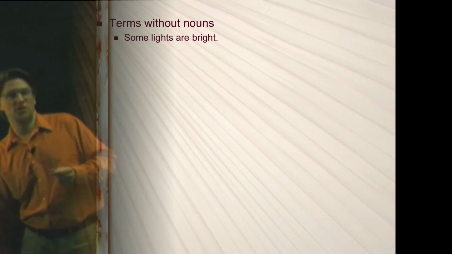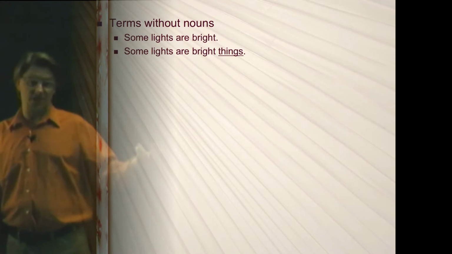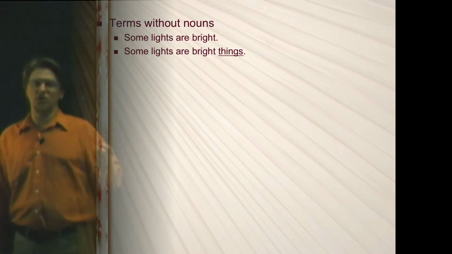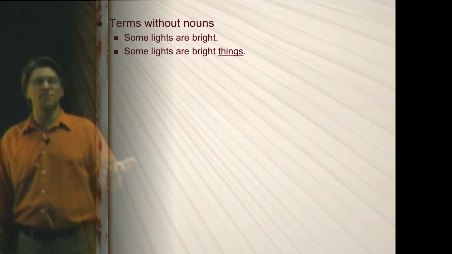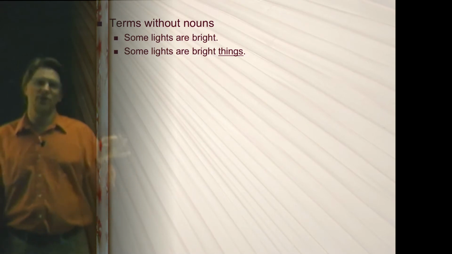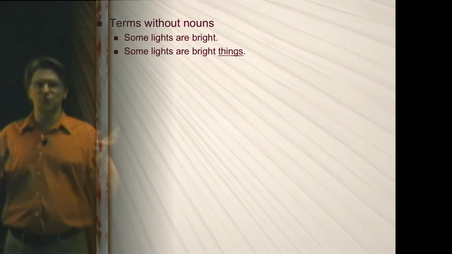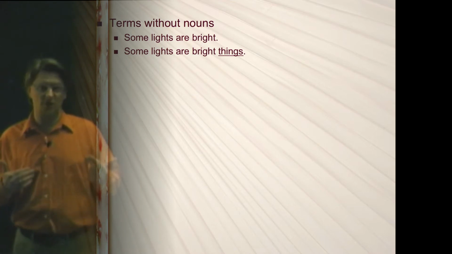The good news is that this is easy to fix. We can say some lights are bright things. What you want to do here is just pick some fairly generic noun to plug into the predicate term, and that will fix the problem. Already, though, you can notice that we're not improving these sentences from the standpoint of, say, an English instructor.